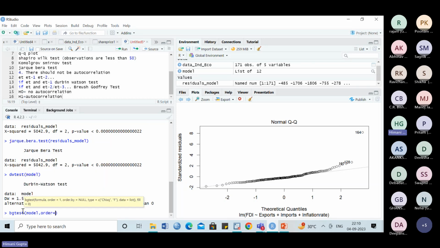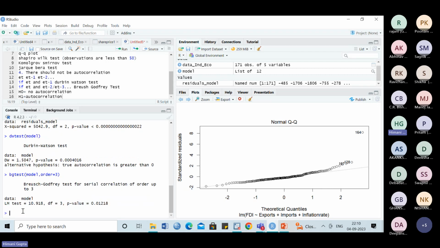You can take anything, because we have already seen that the Breusch-Godfrey test is used when there is more than degree 1. I can assume that there can be degree 2 also. That means the September advertisement and the July advertisement are related, so I'll write order 2. If the September advertisement is related to the June advertisement 3 months back, I'll write order 3. It's up to you what you are going to find, and this will be your answer.